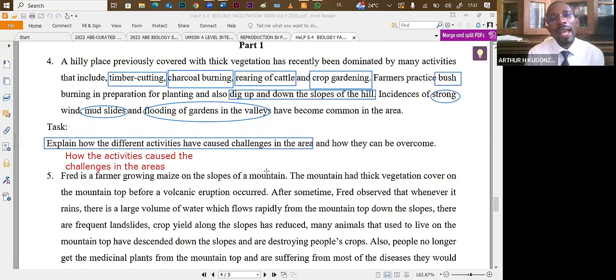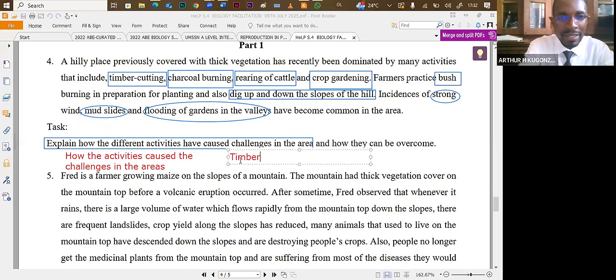So I'm going to give you an example of one explained point. Then you see how points are constructed. So I'll write my first point. I've told you that my first point is on timber cutting, because that is the first activity identified.